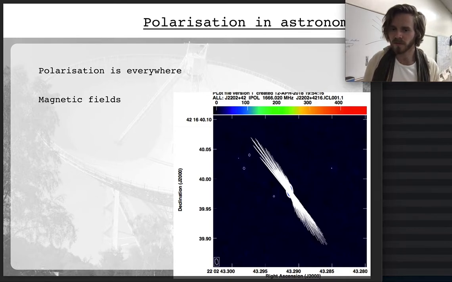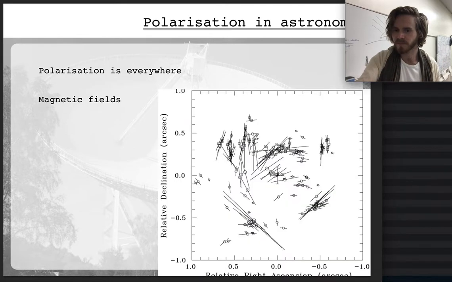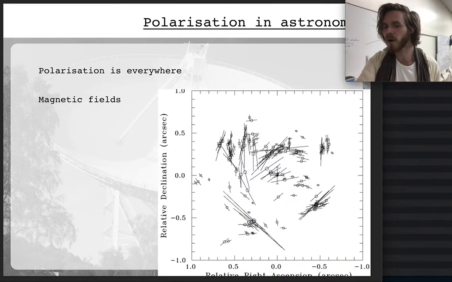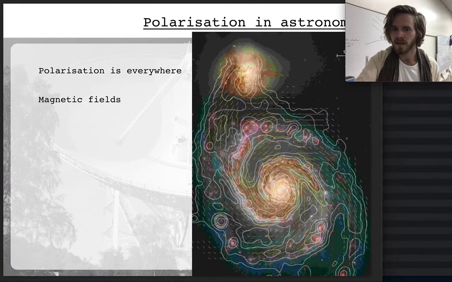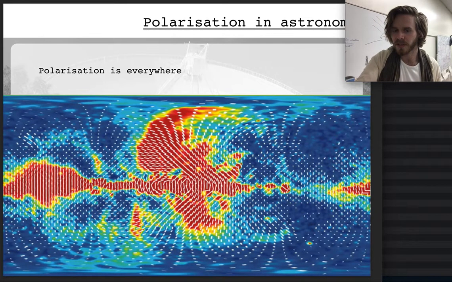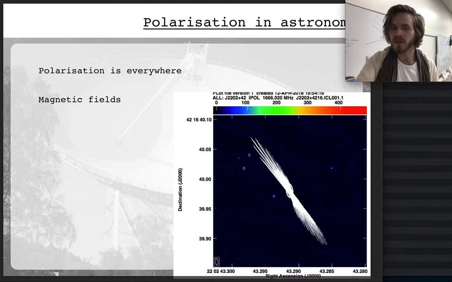Some people just don't really want to bother, but it's additional information, right? You can see here that the magnetic field or the polarization provides really useful additional information that you can choose to use or not use. I'm just giving you the tools to use it should you wish.